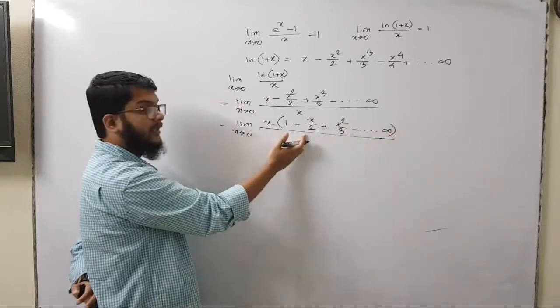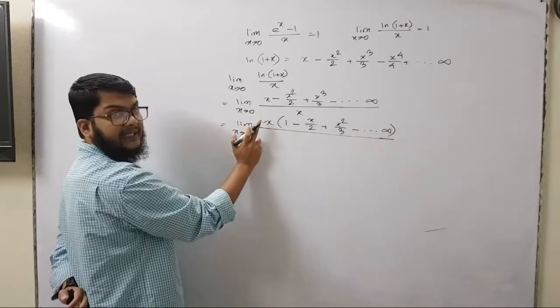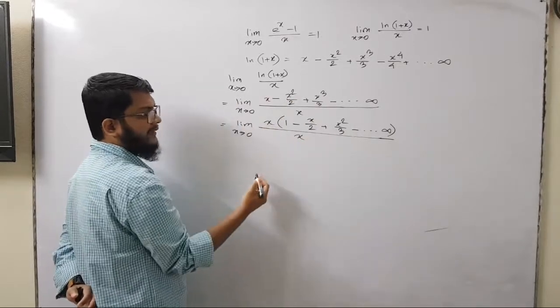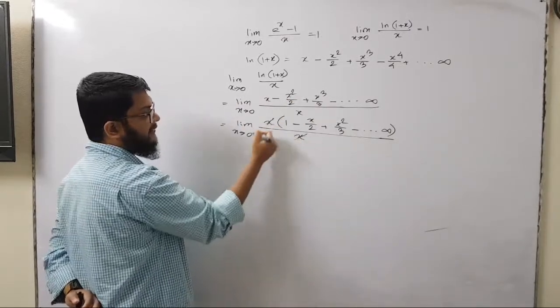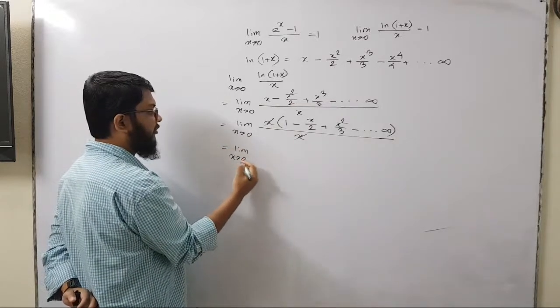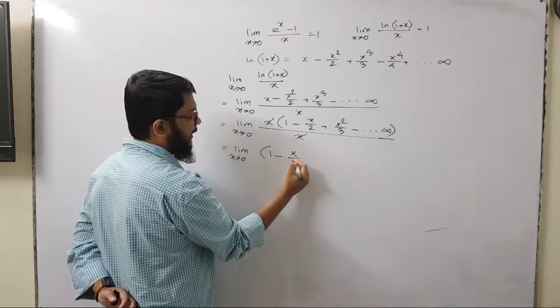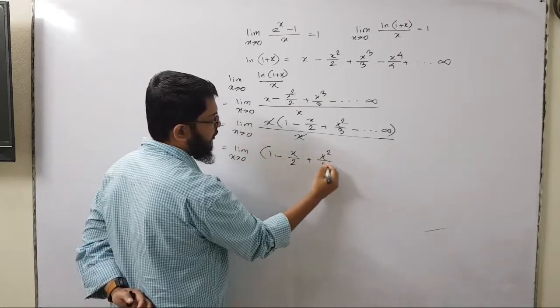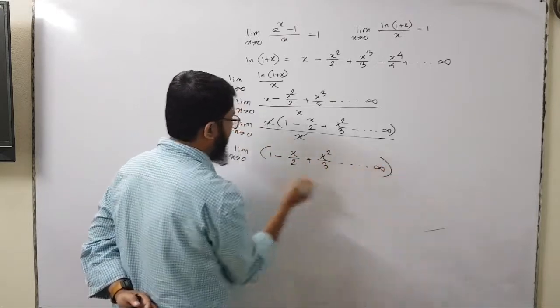I hope you understand, right? We divide all the terms with x, and then we have one x in the denominator, so this x and this x cancel out. So we will have limit x tends to 0, 1 minus x by 2 plus x squared by 3 minus all the way to infinity.